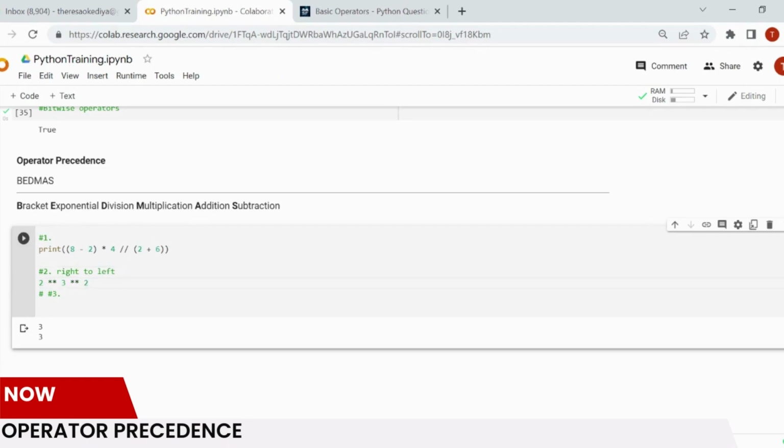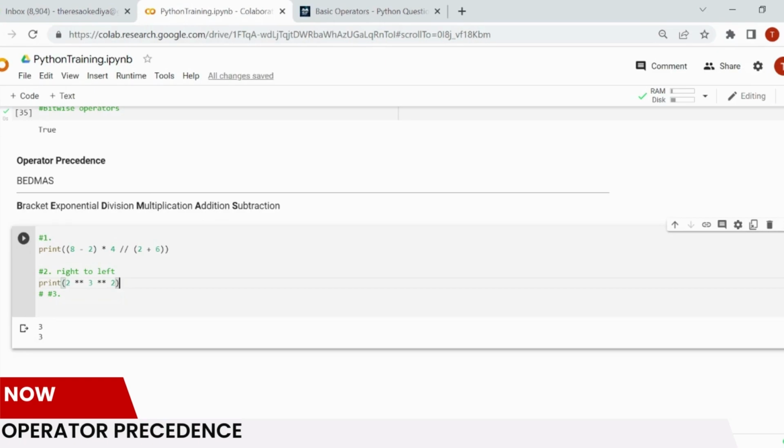I'm going to clear this, then I'm going to print the result of this. Now we have the exponential operator twice in this particular expression. If you are moving from left to right, you'll have 2 raised to power 3, then whatever the result is raised to power 2. Okay, but that may not be accurate.